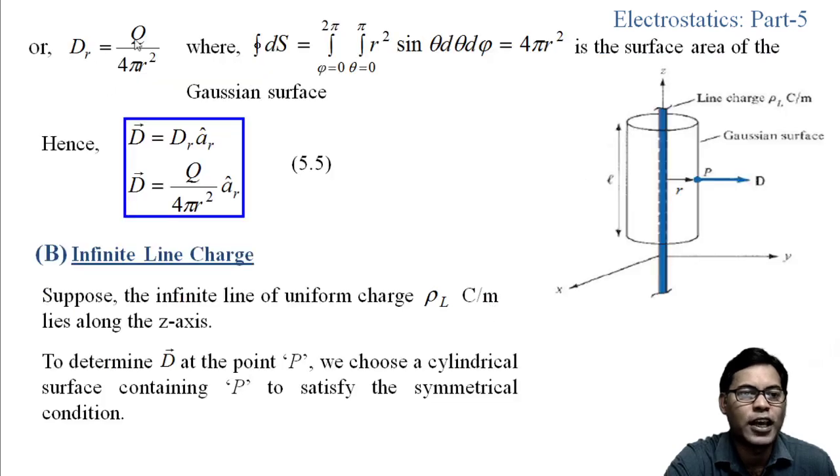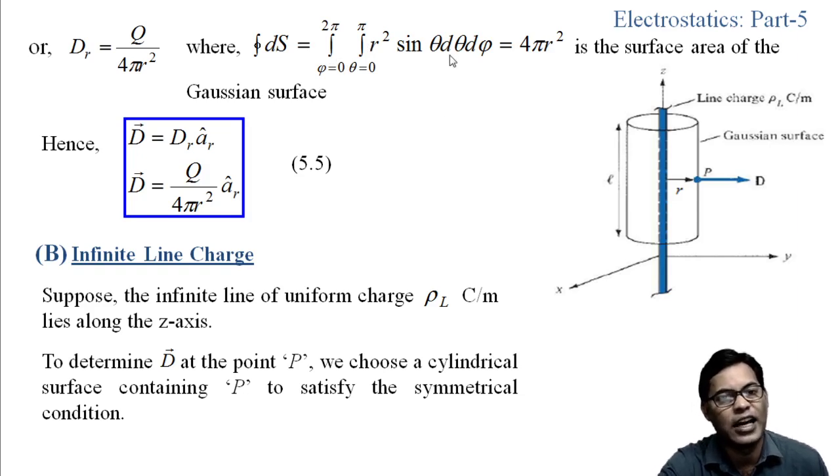So here Dr equals q by 4 pi r square, where ds, the total surface area, we can also find out: the closed surface integral of ds equals the integration of phi from 0 to 2 pi, and the integration of theta from 0 to pi, of r square sin theta d theta d phi, which if we calculate gives 4 pi r square, the surface area of the Gaussian surface.